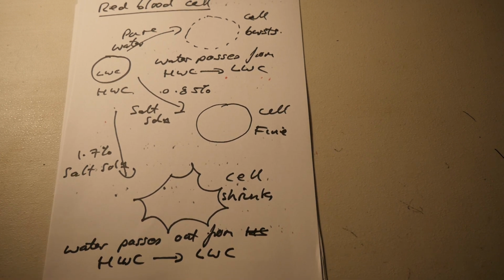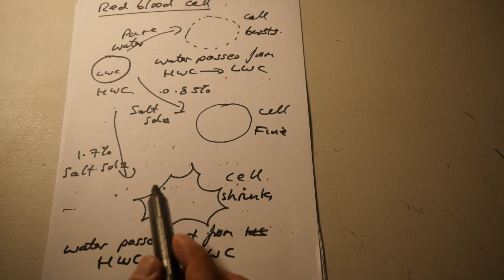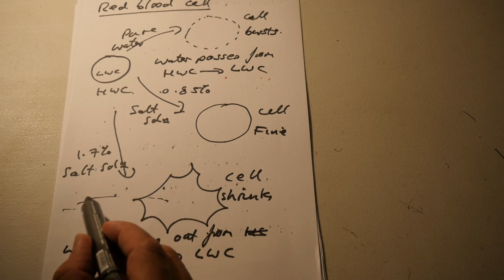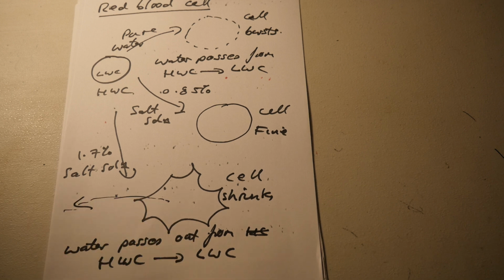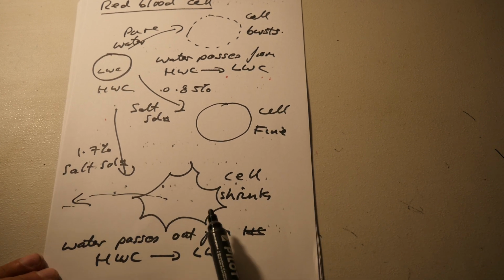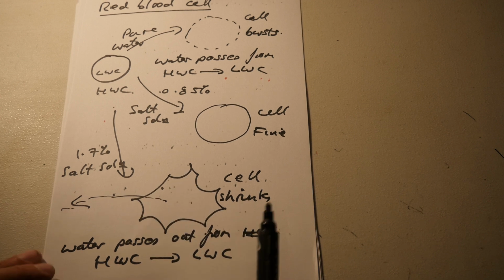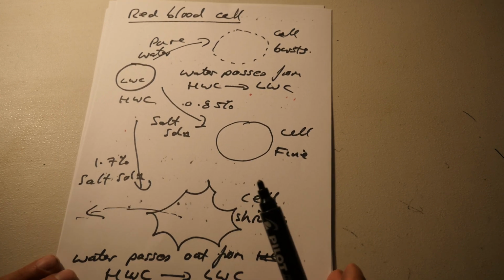It passes out, so it actually leaves, okay? And the cell shrinks because there's more water in here than outside. So that's an example of diffusion of water through the semi-permeable membrane. Okay.